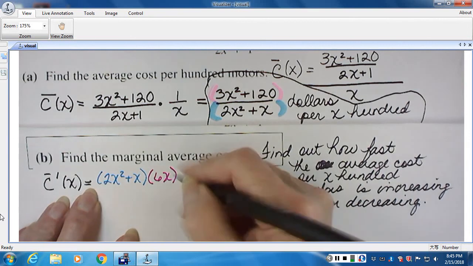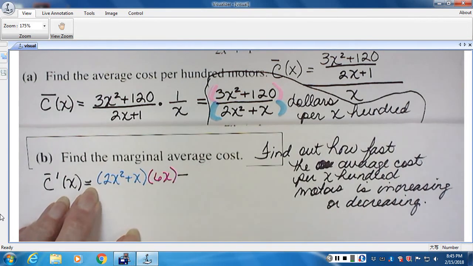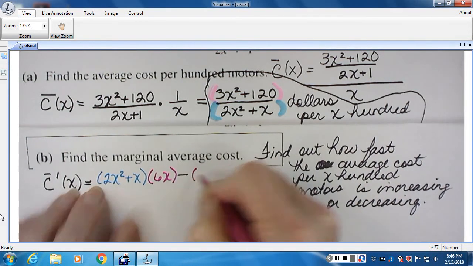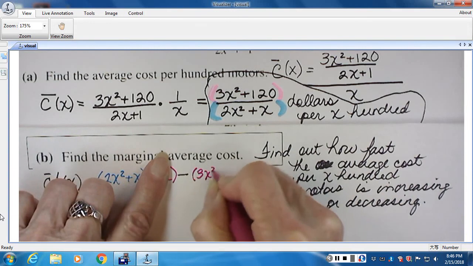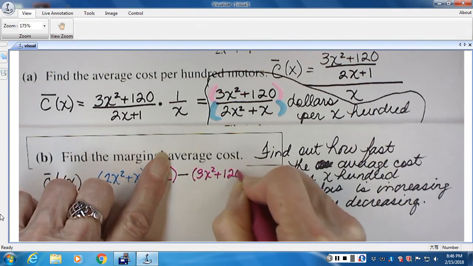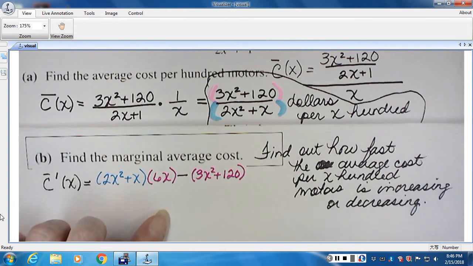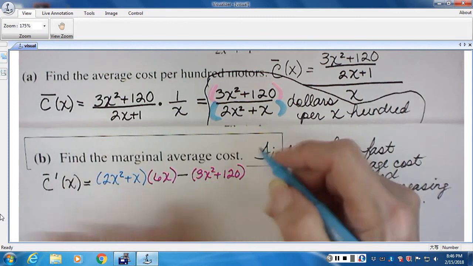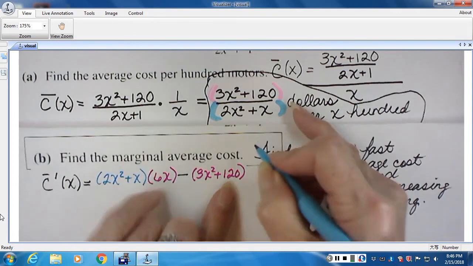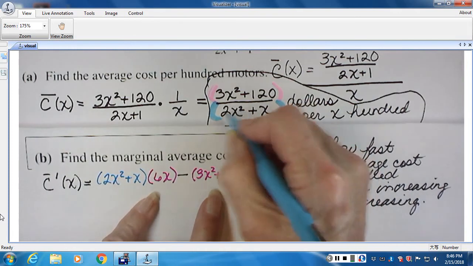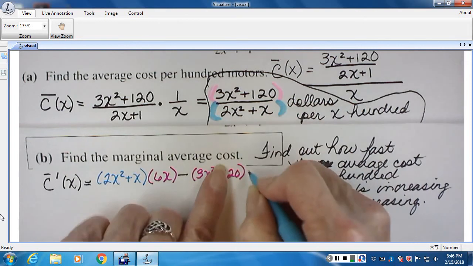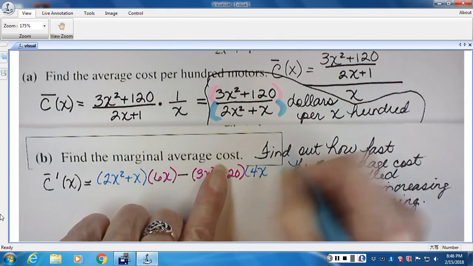And from that, we're going to subtract the numerator times the derivative of the denominator, which is the derivative of 2x squared, 4x, and the derivative of x is 1.